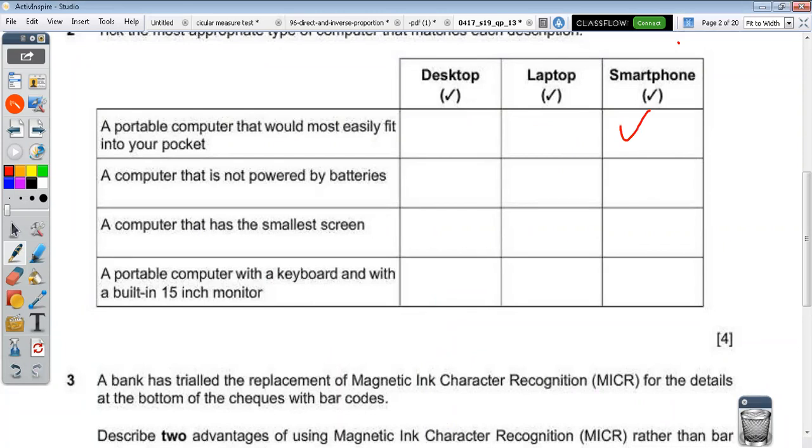A computer that is not powered by batteries. What's the answer? Desktop. Do you agree with him? A computer that has the smallest screen. Mike, are you in the lesson? So that's a smartphone.